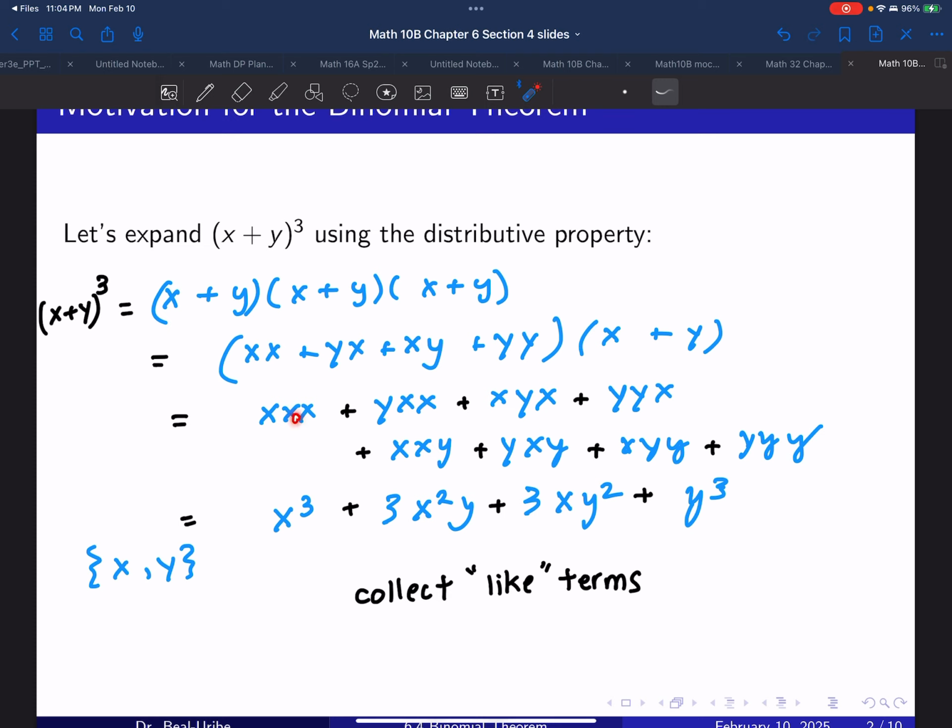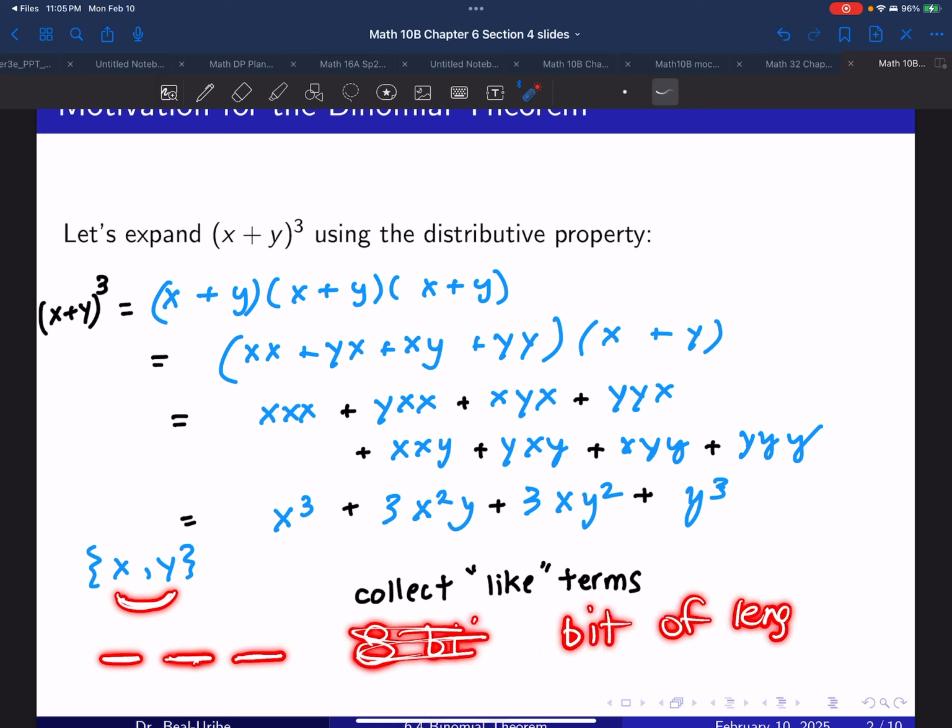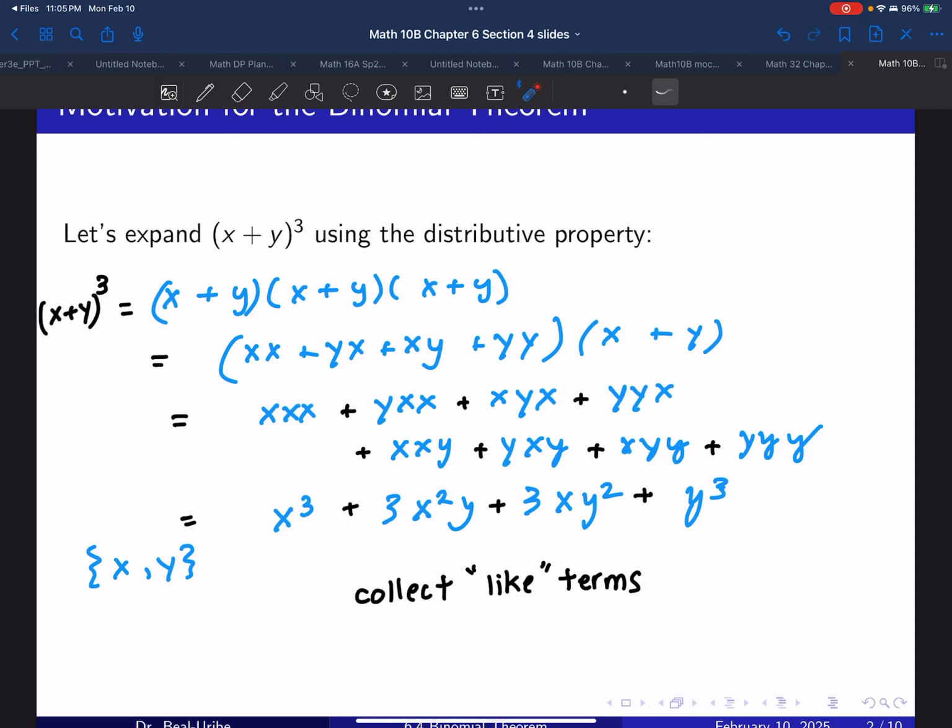So we're getting 8 different terms because we're looking at the number of ways to choose, it's very similar to when we're looking at bits, right? When we're looking at bits of length 3, and then we're deciding how many x's and y's to have, right? Before with bits we had zeros and ones, now we have x's and y's.